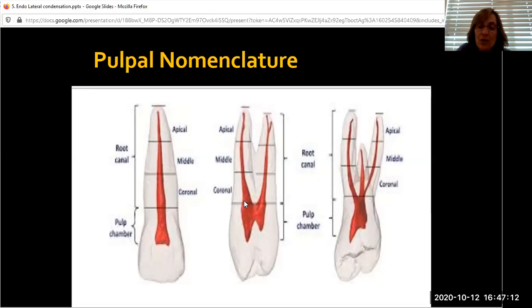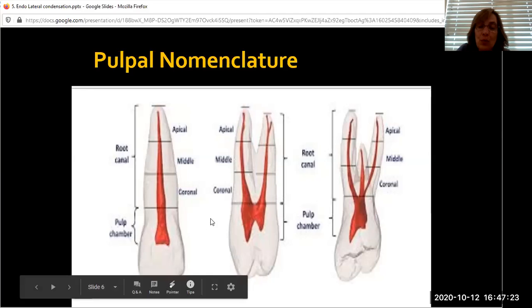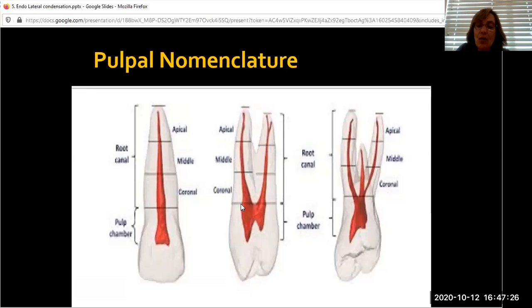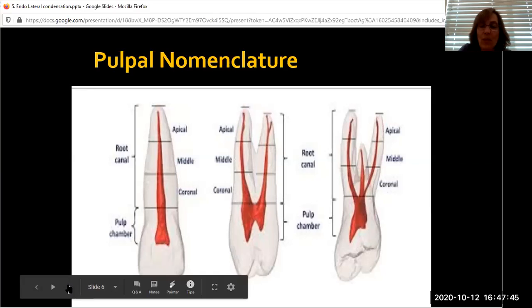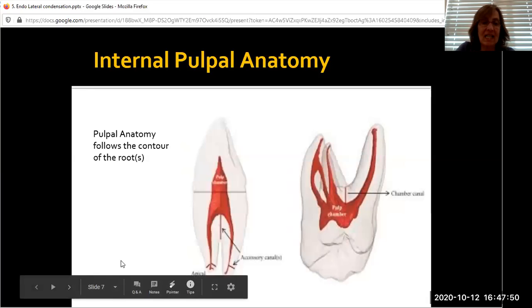And I also want to show that even though we say that we are cleaning out and making the internal area of the root conical, you can see that there are some areas where the pulp is wider, that become narrower, and even may have lateral canals. So the idea that everything is going to be circular and symmetrical is not the case. And we will deal with that with sealers and accessory canals that I will be discussing later.